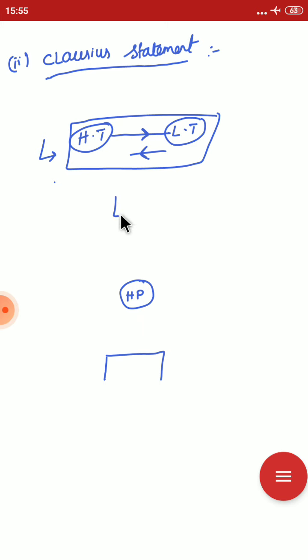The object of the heat pump is to transfer energy as heat from the low temperature body to the high temperature body with an external expenditure of work. It extracts energy from the low temperature body and rejects the heat to the high temperature body with an external work input to the heat pump. Then only it is possible.